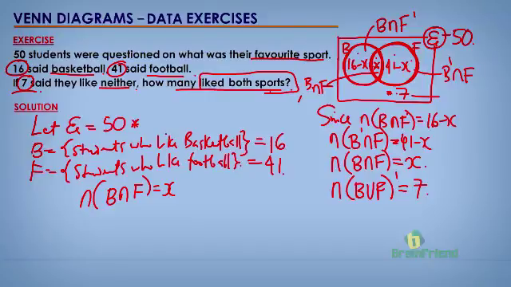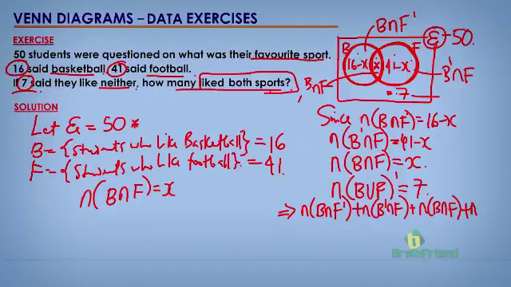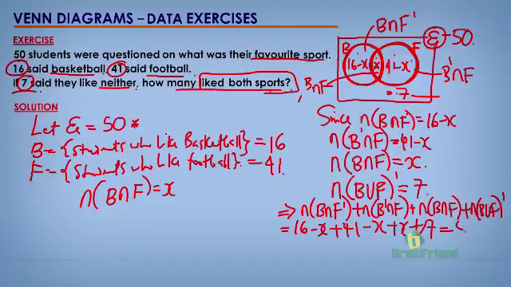So we do a summation of all our regions to have the cardinality of B intersection F prime plus the cardinality of B prime intersection F plus the cardinality of B intersection F plus the cardinality of the complement of B union F. If we put in their values, we would have 16 minus X plus 41 minus X plus X plus 7 to give us 50, which is our universal set.